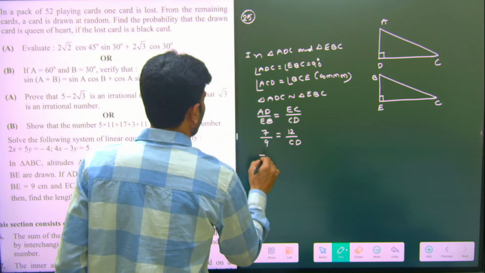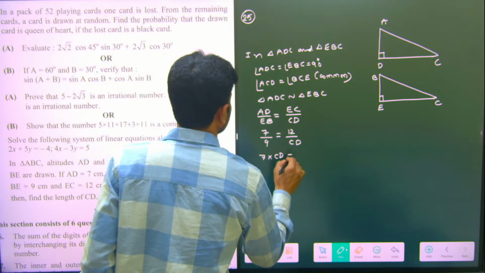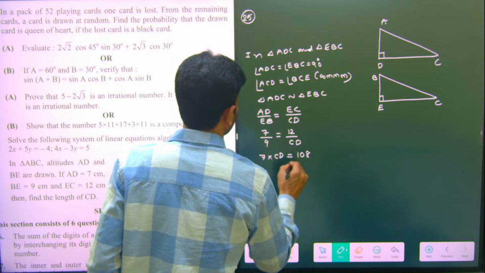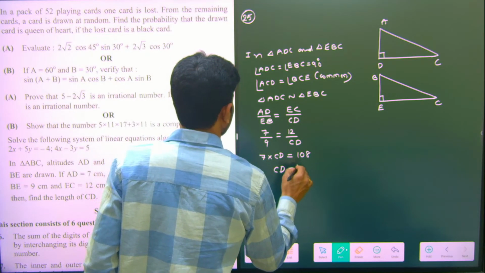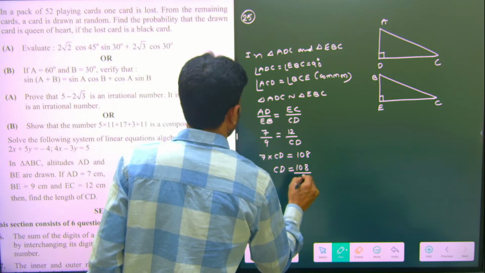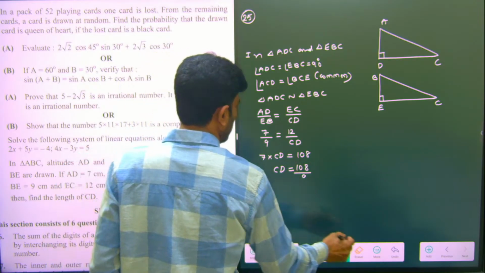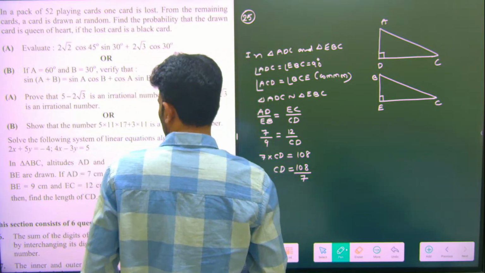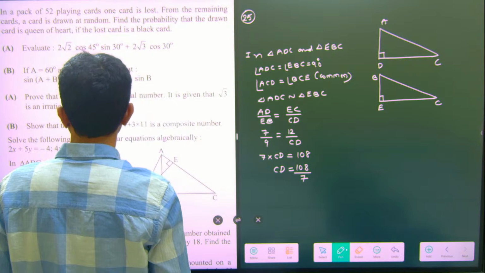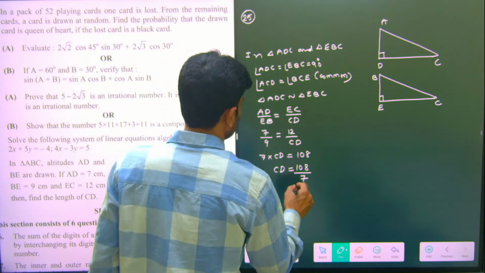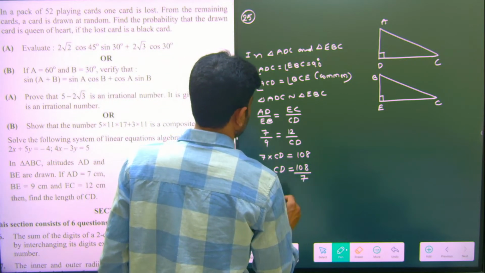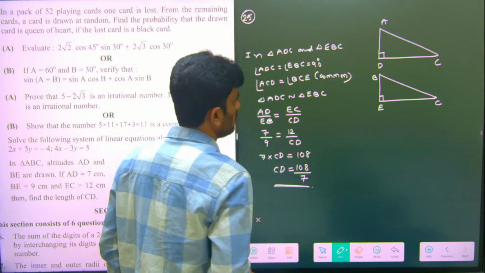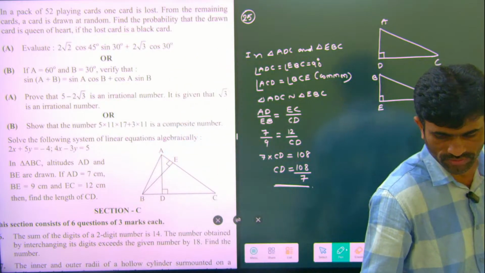We want CD. So 7 into CD is equal to 12 into 9, which is 108. CD is equal to 108 by 7. So you may get it in decimals or we can leave it like this. This is the result. Hope you understood this one also.